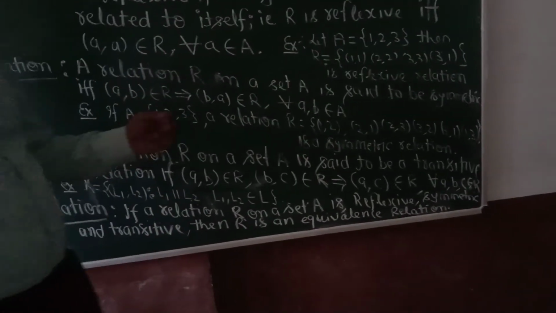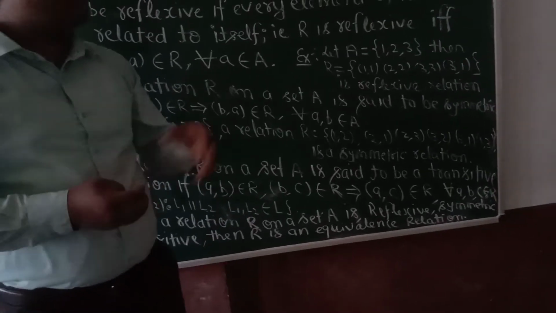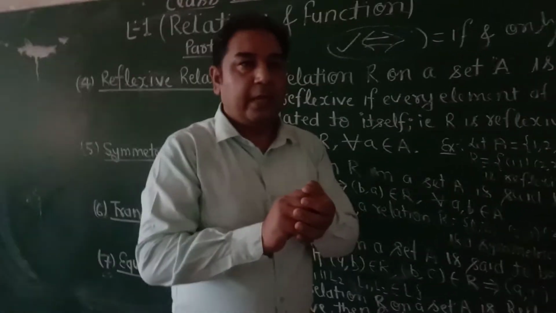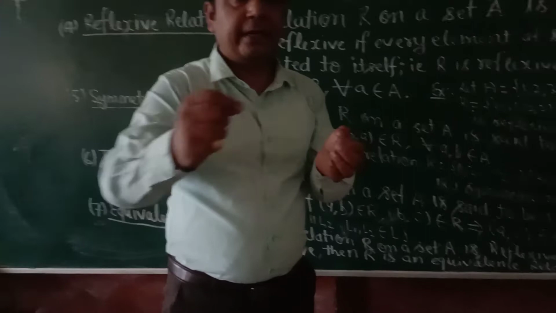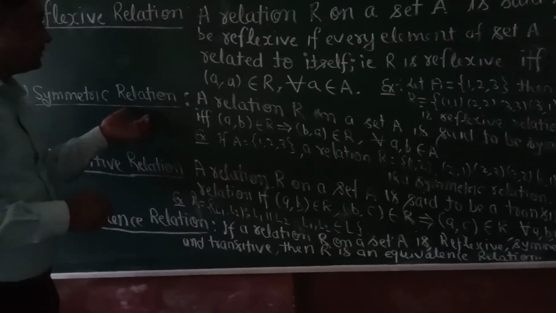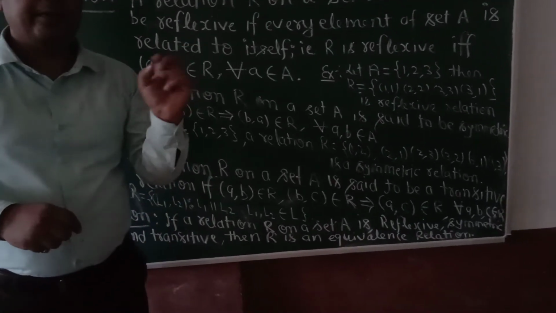So you can take the set of lines to show the transitive relation. If you want to show the reflexive relation, you have to take one element and show every element is related to itself. If you want to prove or show the symmetric relation, you have to take two elements a and b.